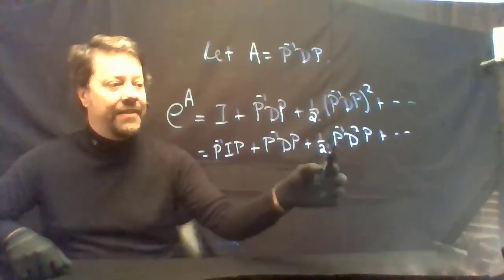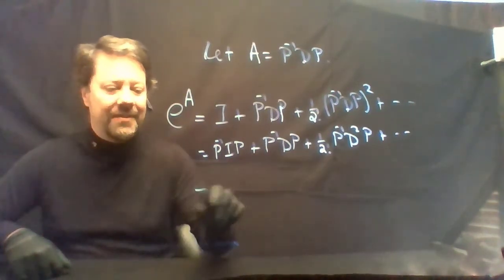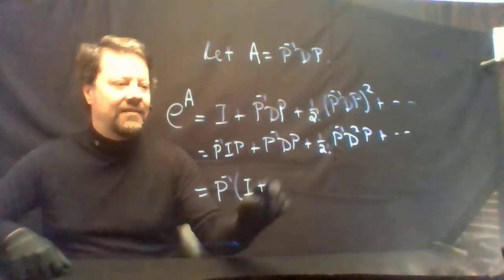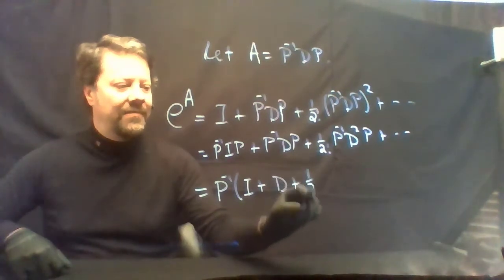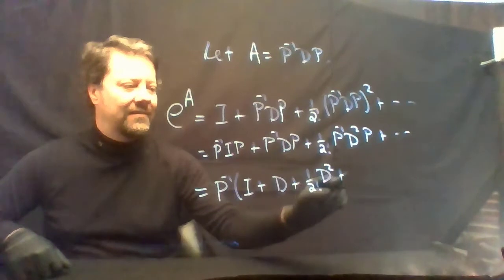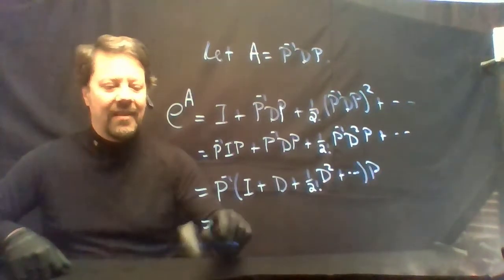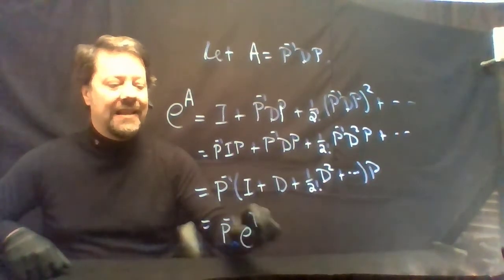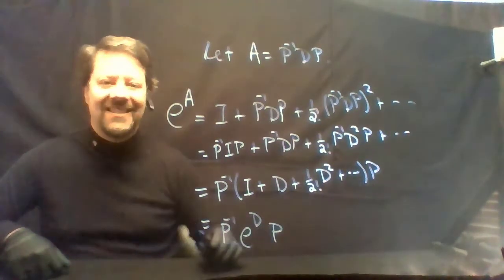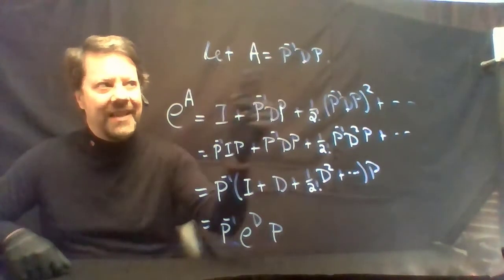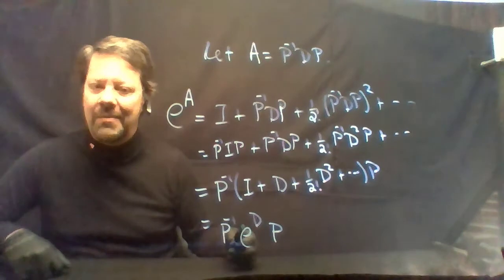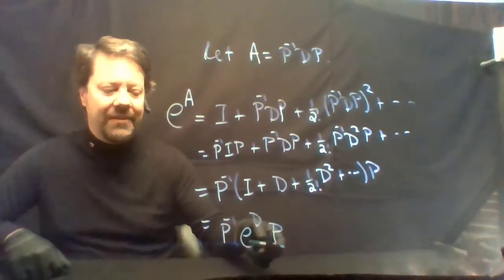On the left, on every single term, we have a P inverse. It can be factored out. You can factor out the P on the right, which gives us P inverse e to the D, which we know how to calculate because D is diagonal, times P. So if a matrix A is diagonalizable, then finding its exponential isn't so bad. You just have to know this matrix P.